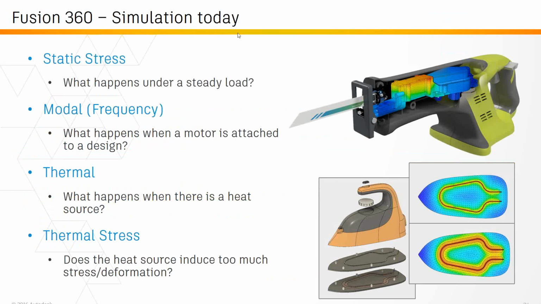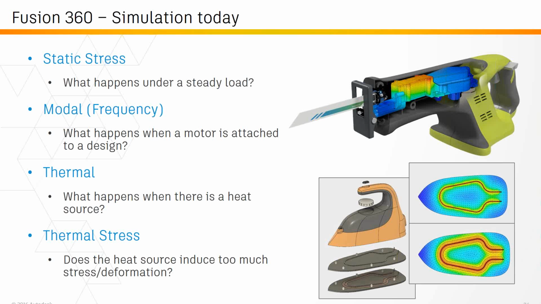So the simulation today, if you look at the basic level, this is included in both the basic and Fusion 360 Ultimate. We can do static stress analysis. We can do our modal frequency, so we can figure out what our frequencies and mode shapes are. Thermal, so we can figure out our temperature distributions based on thermal loads.